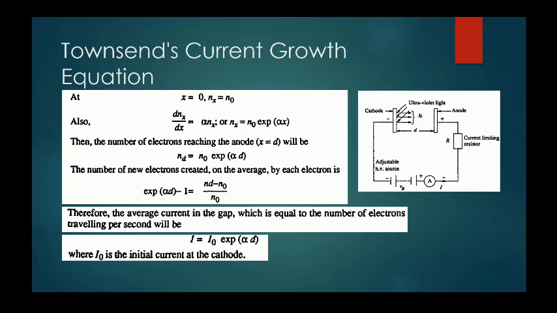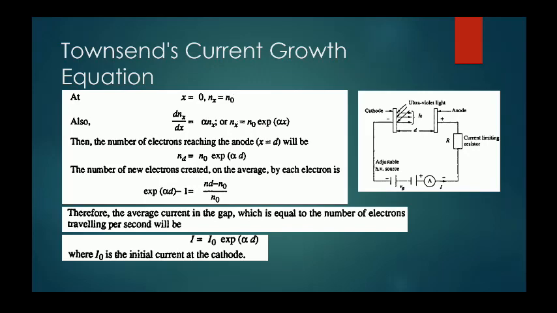Now how many electrons are created? The number of electrons created is nd minus n0, and if we want the ratio of how many more electrons are created through collision, we write the expression as nd minus n0 by n0.